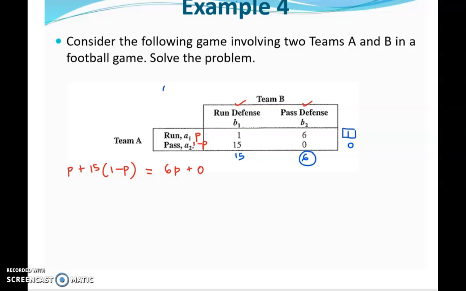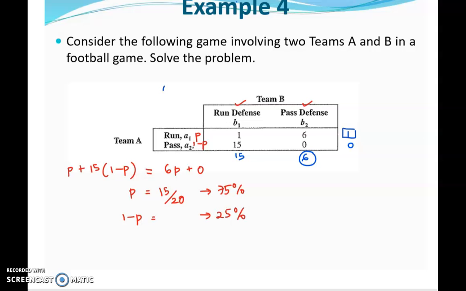So in this case, P will equal 15 over 20. If we convert it into a percentage, this is around 75%, and 1 minus P is 25%.